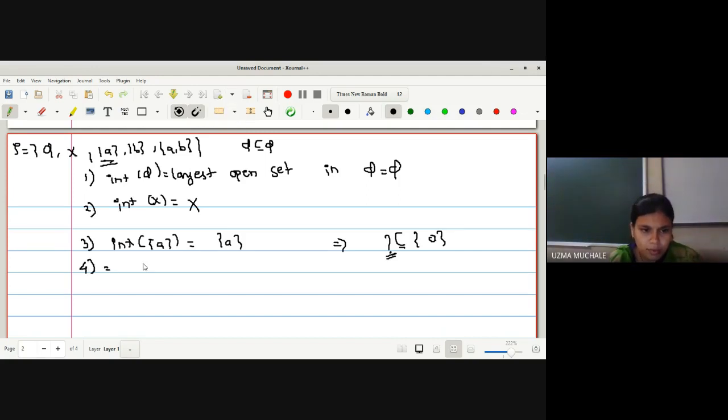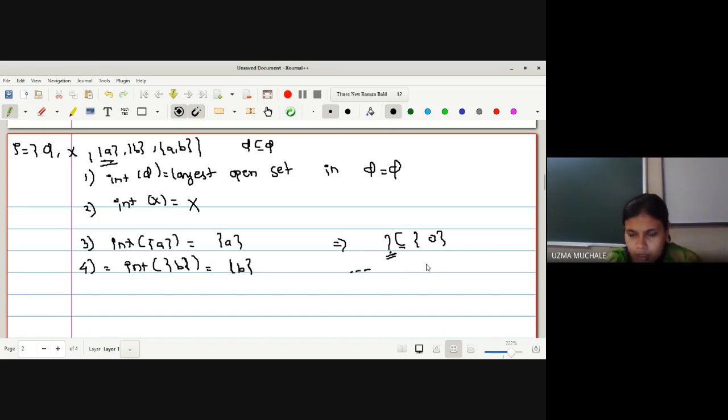Let us go for the fourth one. We have to find the interior of singleton B. Here also I can write directly singleton B, because singleton B is an open set, so its interior will be itself.